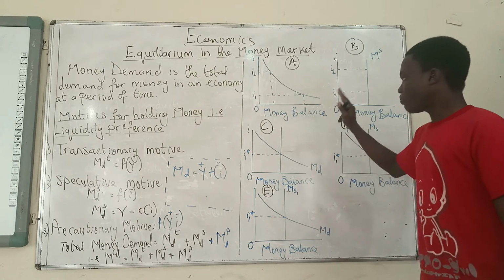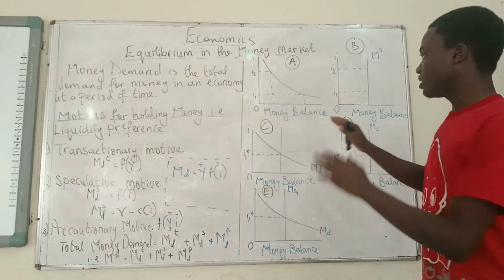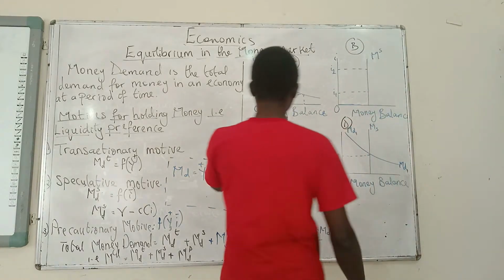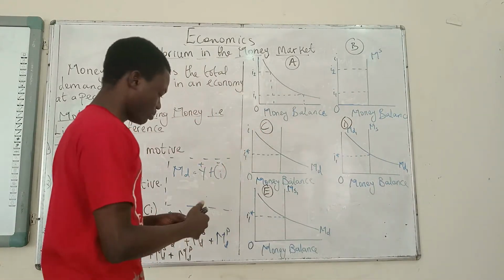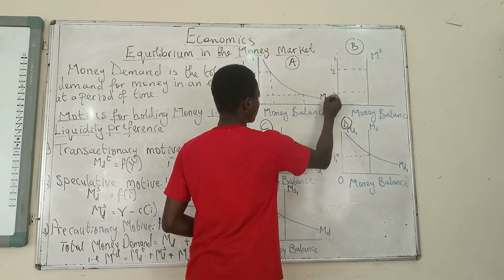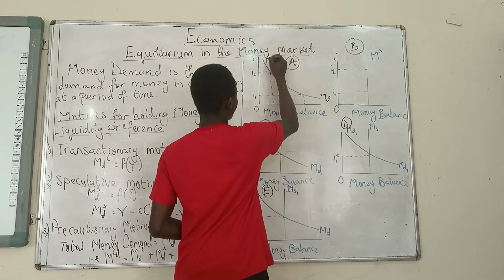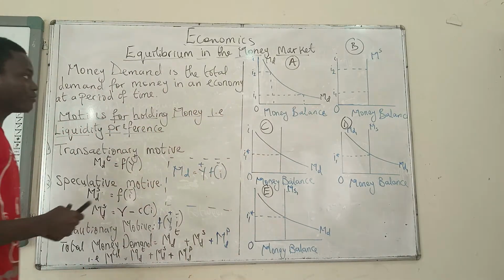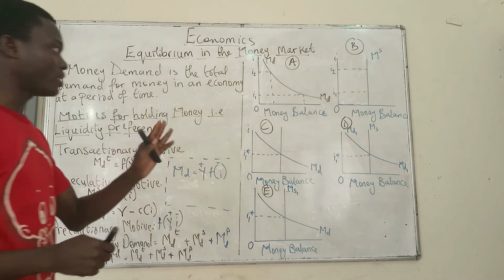So what is basically new in this class is what I have on this second part of the board. Initially, we were talking about just money demand. This is the curve for money demand alone. That's what we have in graph A, and in graph B we have the graph of money supply alone.